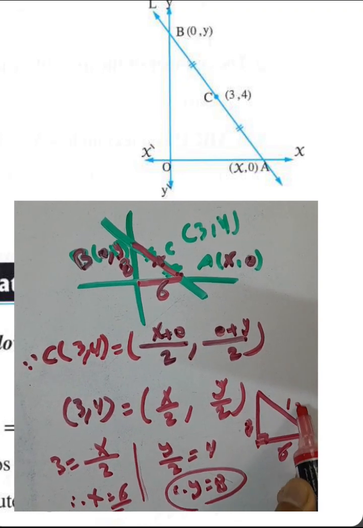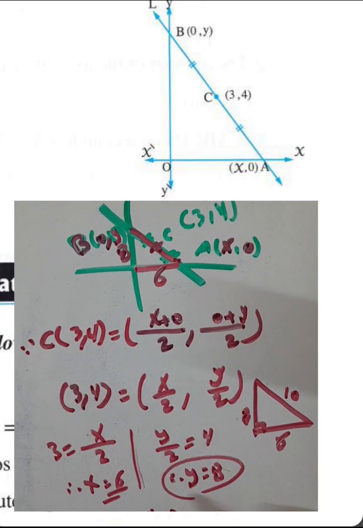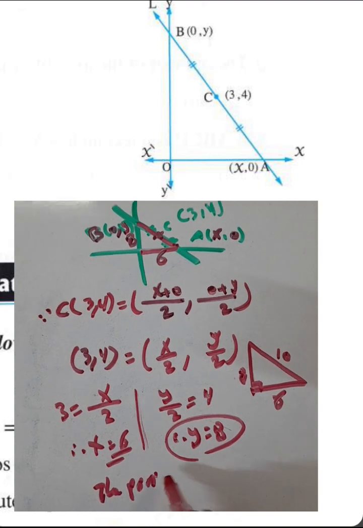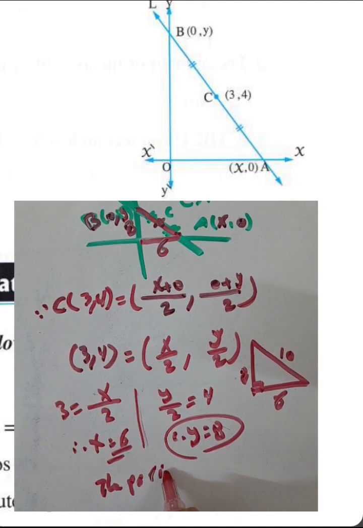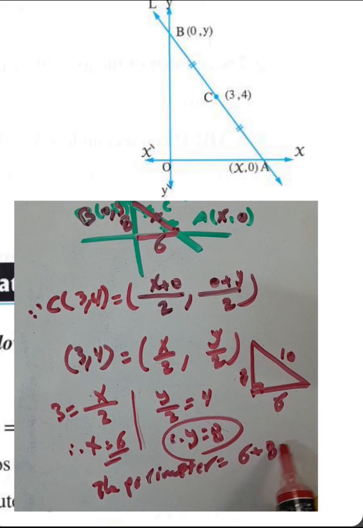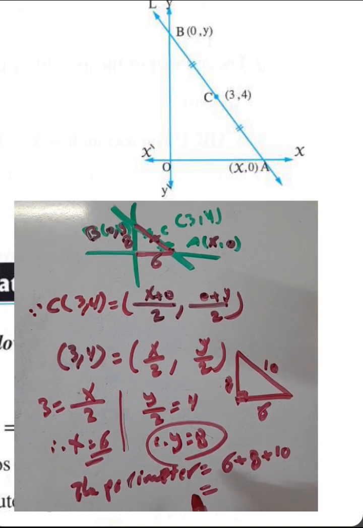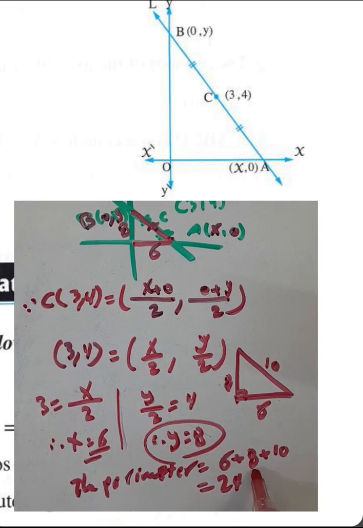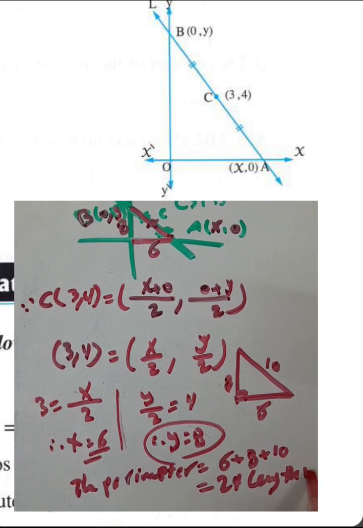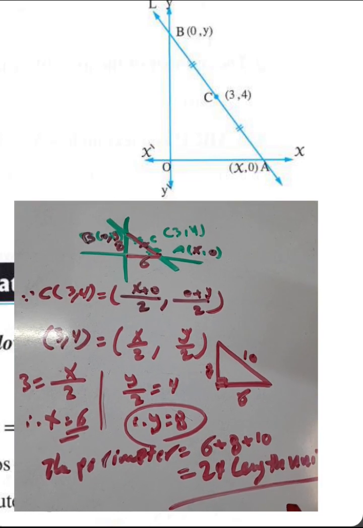You can find this side length will be 10 from Pythagoras. Then we can write the perimeter will be equal 6 plus 8 plus 10. 6 plus 8 equals 14. 14 plus 10 equals 24 length units. Okay, length units.